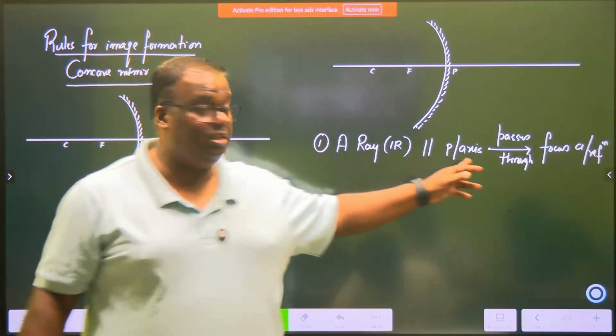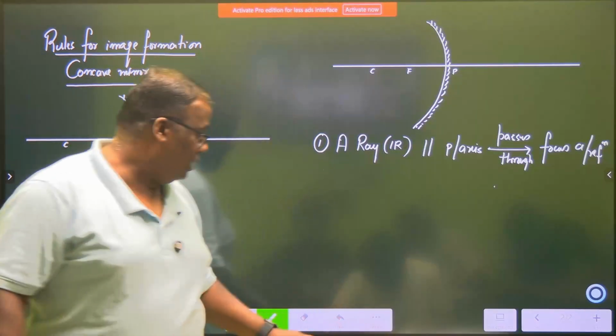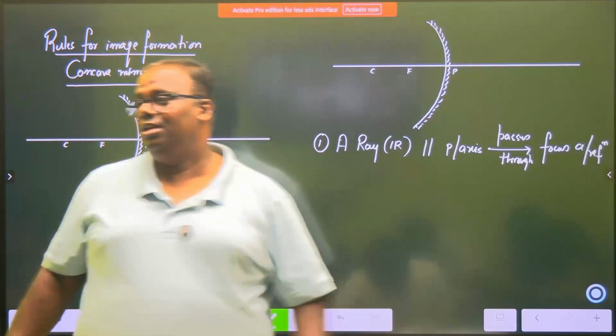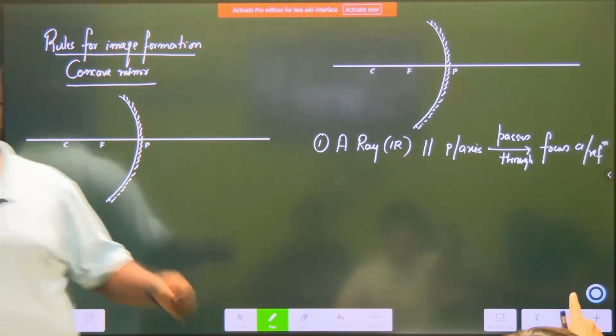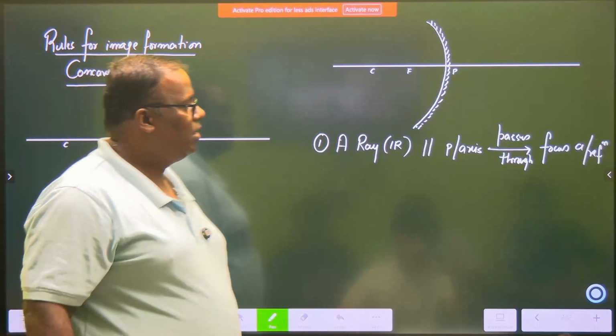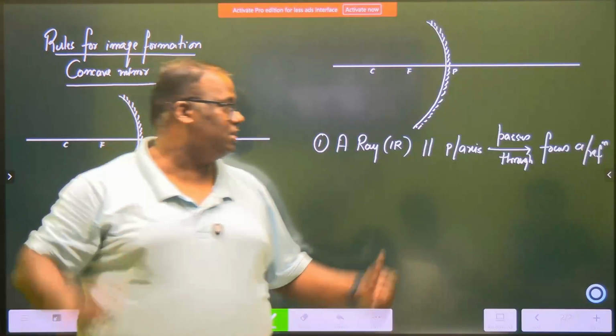You should not write in this way. You will write in English. Don't write IR, you write an incident ray parallel to the principal axis, after reflection. Okay, I'll narrate it once.